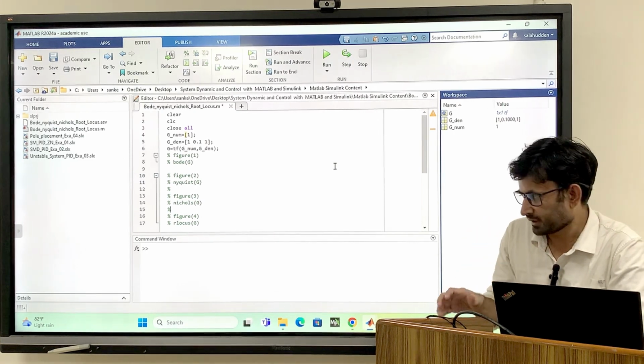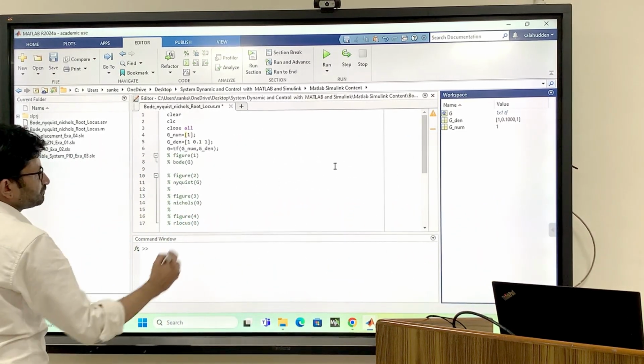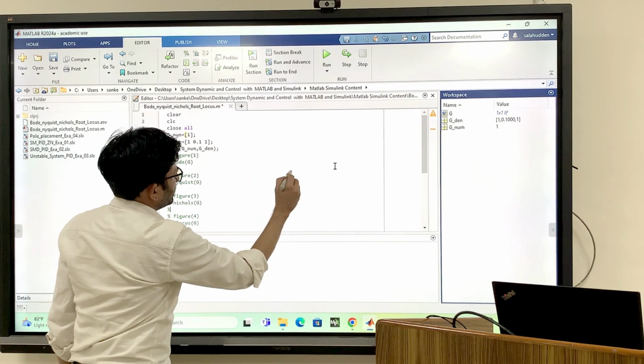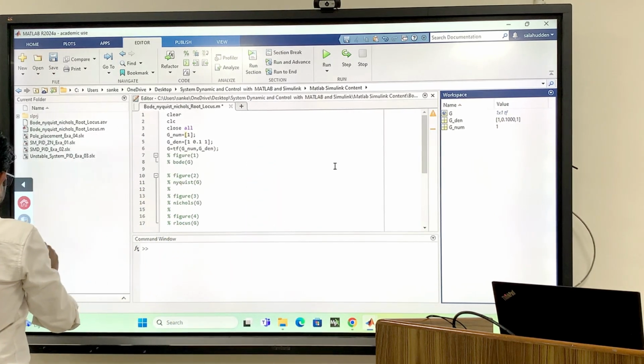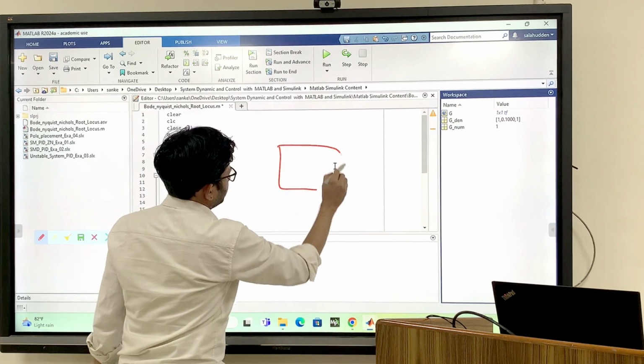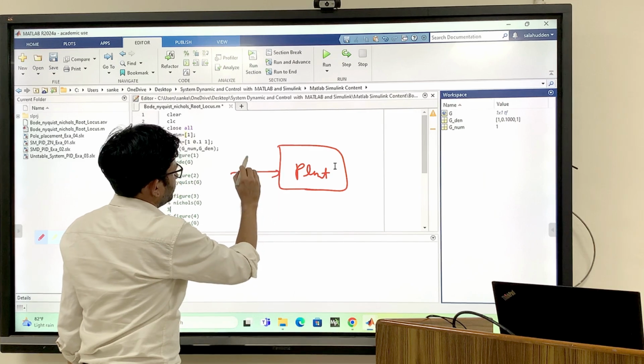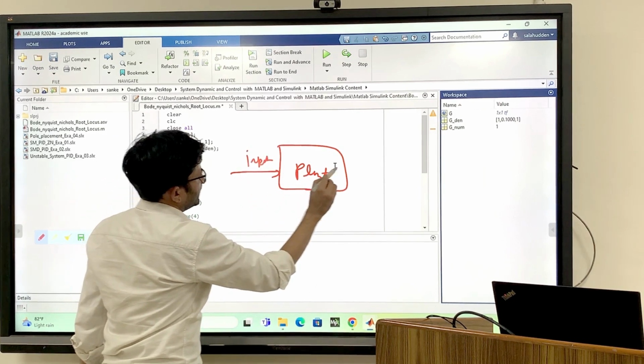As you might be aware from my flight control system class, let's say this is a plant, and this is the input and this is the output.